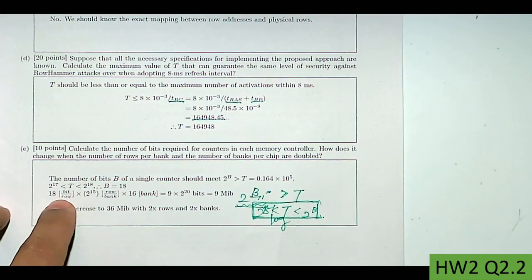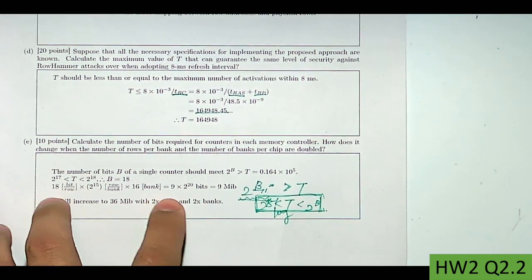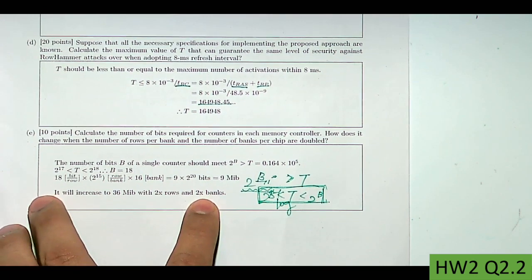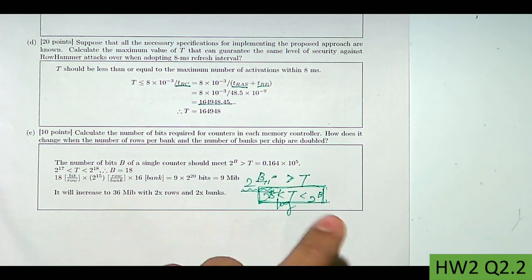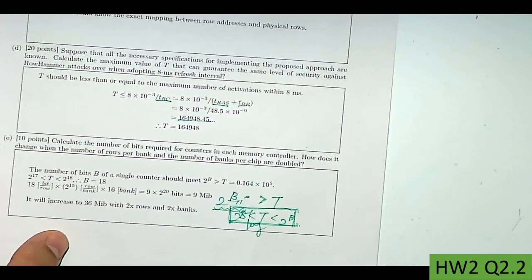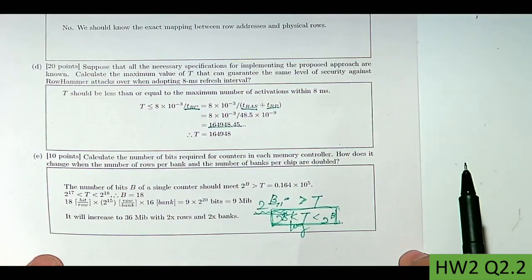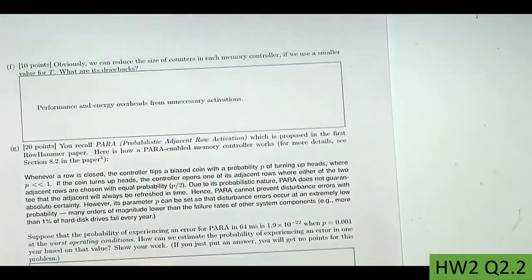With this value, we can simply calculate the number of bits required for the counters. And it increases if the number of rows and number of banks are doubled. Okay.